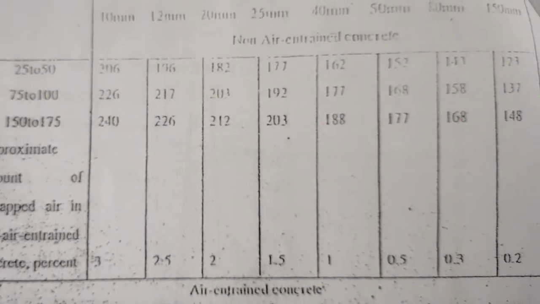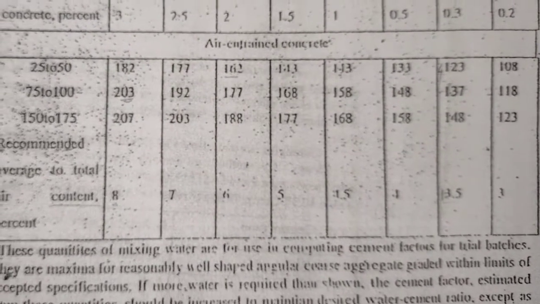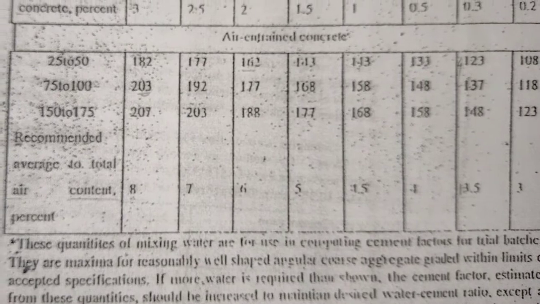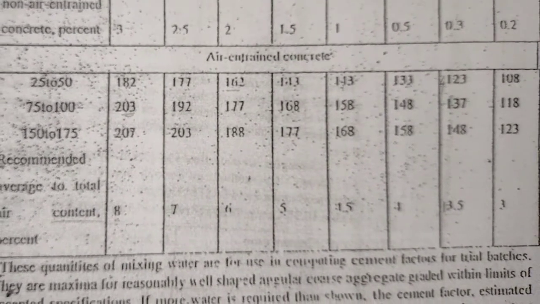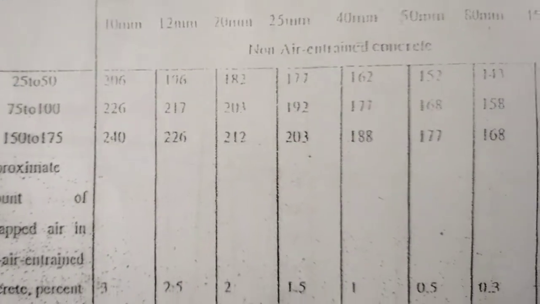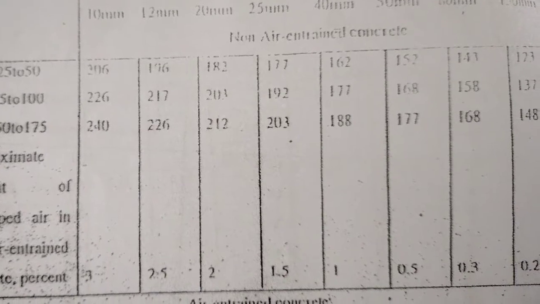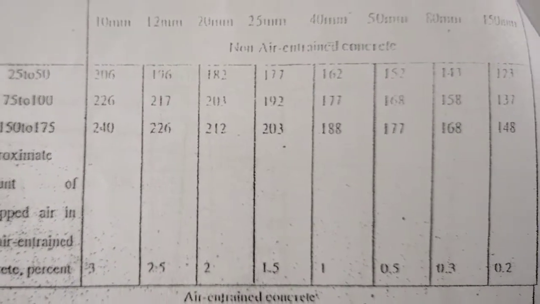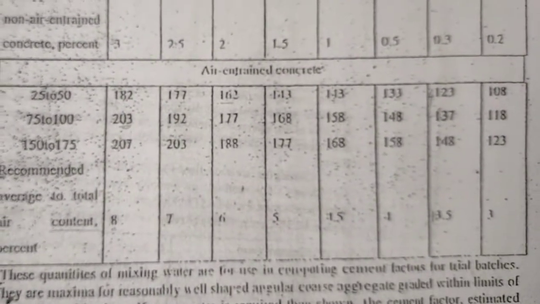In this table we are given various water requirements for non-air entrained concrete and air entrained concrete. The table gives the water in kg per meter cube of concrete for the indicated maximum size of the aggregate. The above table is for non-air entrained concrete and the below one is for air entrained concrete.